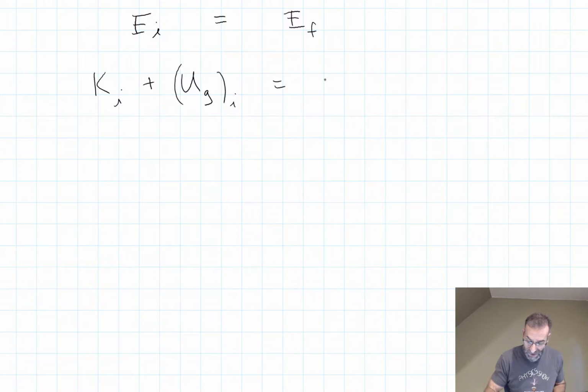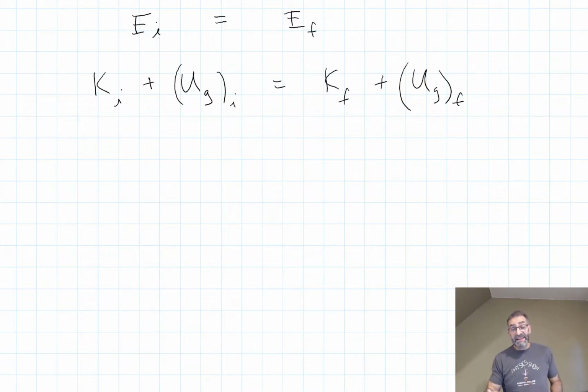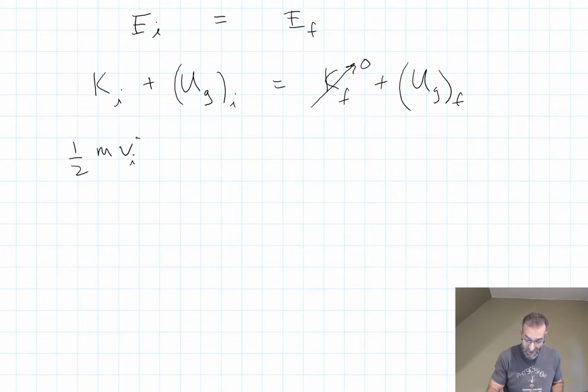And at the end, we could also have kinetic energy and gravitational potential energy. But we just said at the end, our object comes to rest, so this is going to be zero. Initially, it's moving. We have 1/2 mv squared.